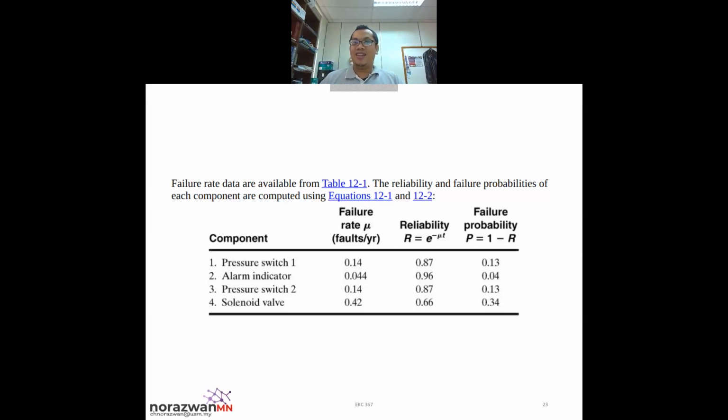Clue number 1: calculate based on different systems first. The alarm system first, and then your shutdown system, because there are two different systems there. Just calculate in series for the first part and then in series for the second part.